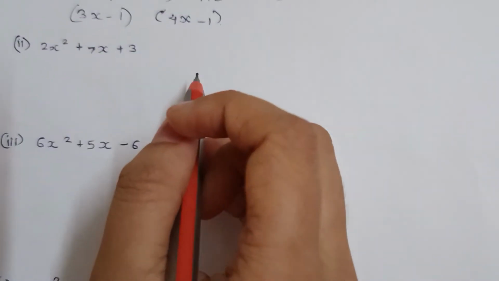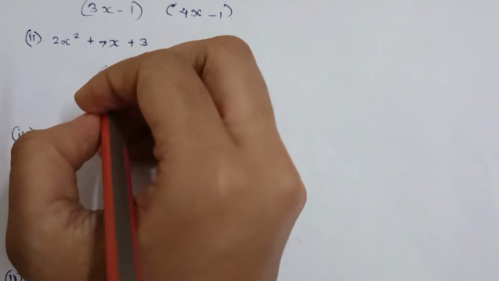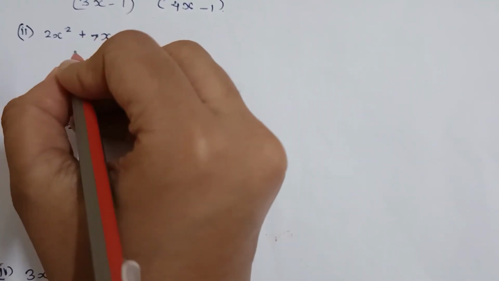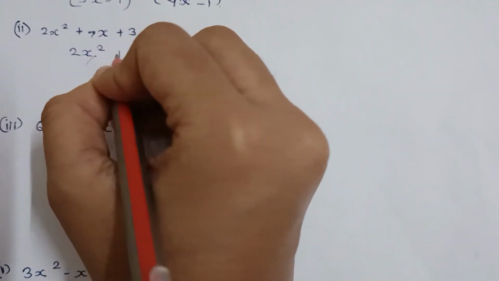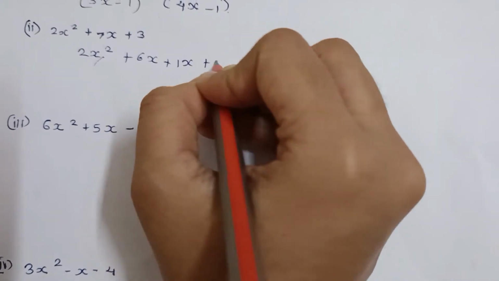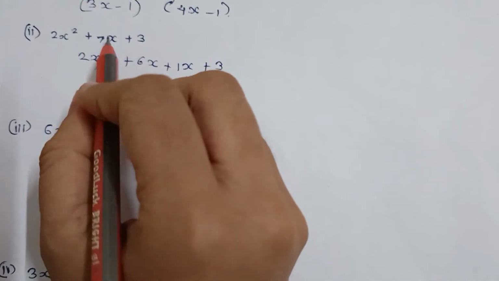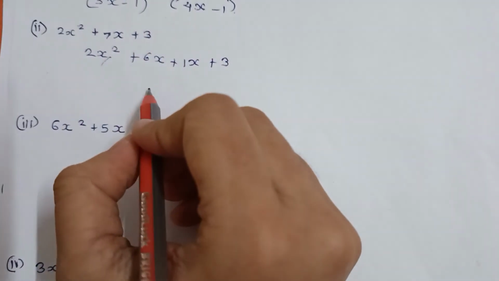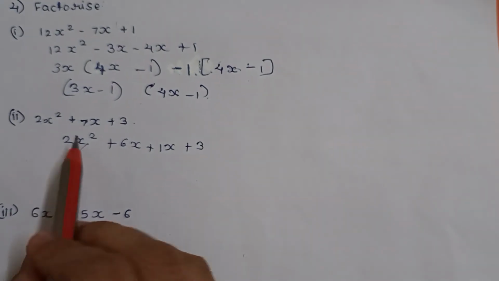Question 2. 2x square plus 7x plus 3. So 2x square plus 6x plus 1x plus 3, as 6x plus 1x, the sum of this we will get 7x, and the product of this, that is 2 into 3, we will get 6.